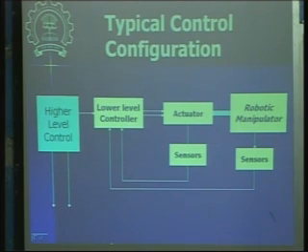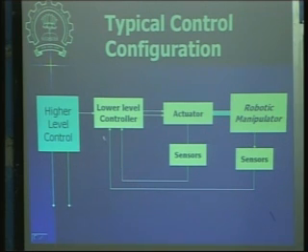So this is a typical control configuration for the robot manipulator. This part you can say is a general control configuration for any dynamical system, but typically each axis of the robot will have this part. So you have this lower level controller which is actually controlling the actuators. The sensors can be giving feedback from either the actuator or the actual robot manipulator. It can be either of these two.